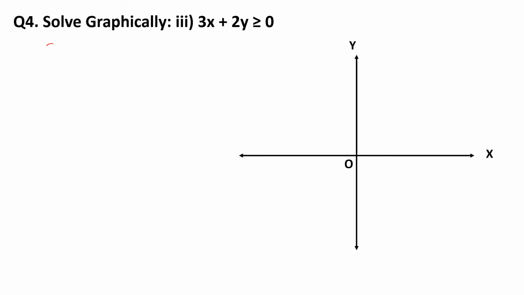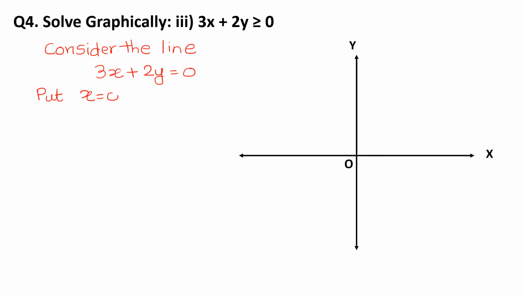So consider the line 3x plus 2y is equal to 0. Now if I put x equal to 0, I will get y equal to 0. So the first point here is (0, 0).